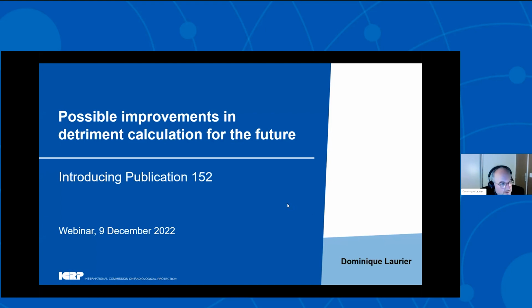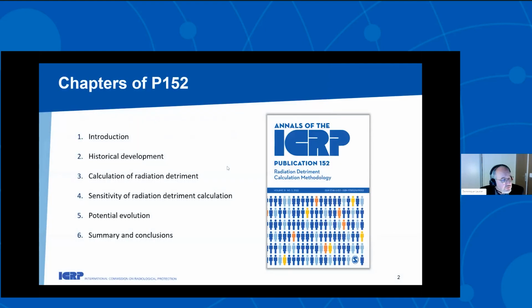I'm Dominique Laurier. I was a member of Task Group 102, and I'm also the chair of Committee 1, which is dealing with biological effects and health effects of radiation exposure. This third presentation will continue on the two first presentations. So Nobuyuki Kodama presented the historical development and the calculation of the radiation detriment as it has been done in publication 103.